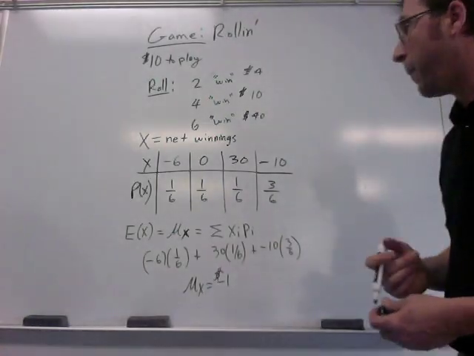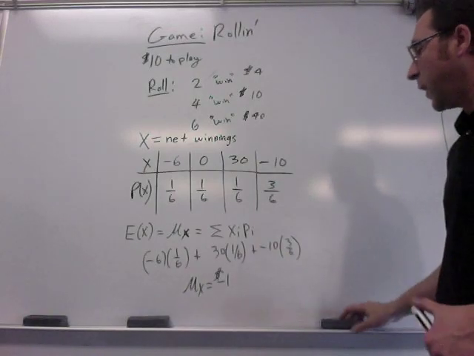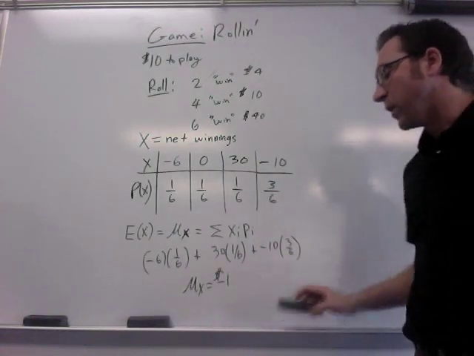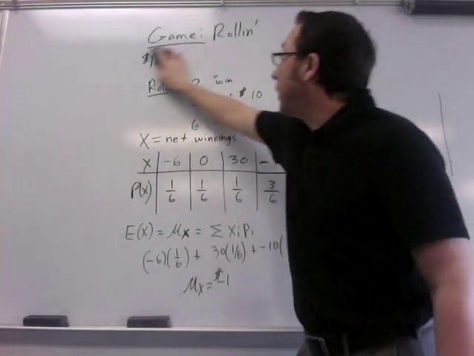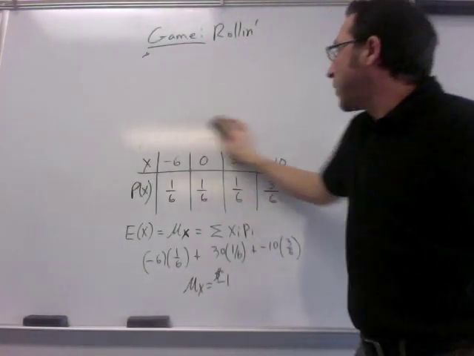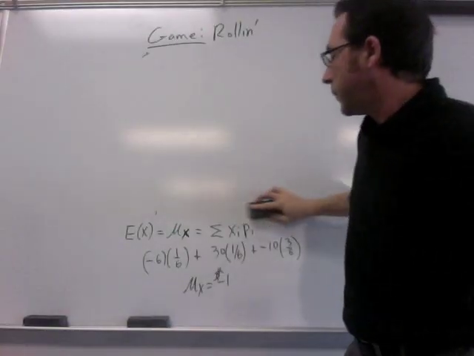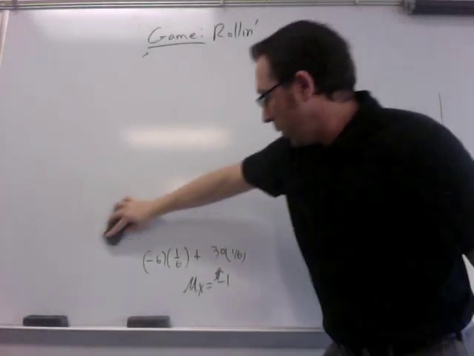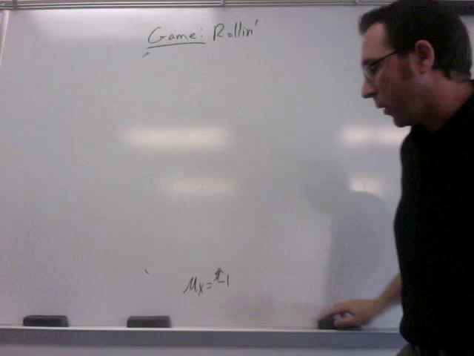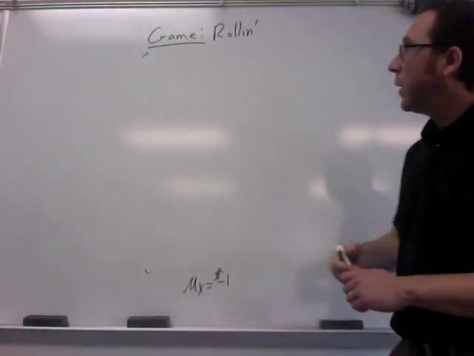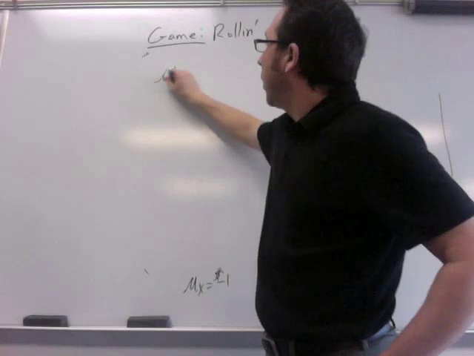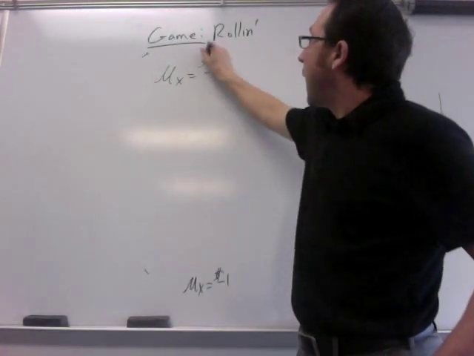Now, we're going to take that value for the expected value, and I'm going to roll it into one more formula, and that's the formula for variance. You don't need anything else now except for that number. The expected value was -$1.